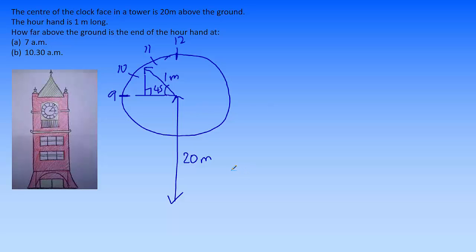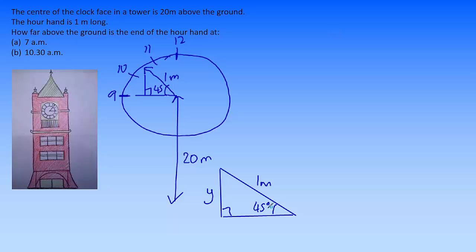Let's do a slightly better drawing of the triangle. So this is the hand itself, 1 meter. We know the angle here is 45 degrees, and we want this value here, which I'll call y, and we'll add that onto the 20 to get the height of the end of the hand.